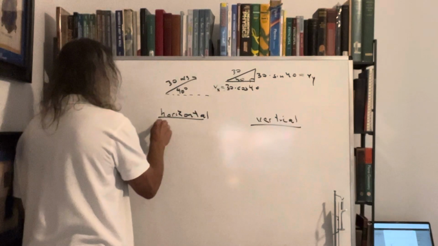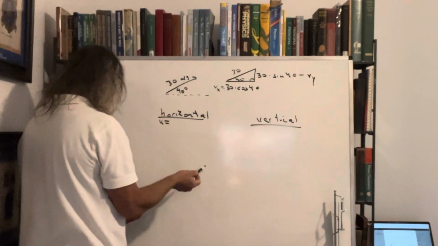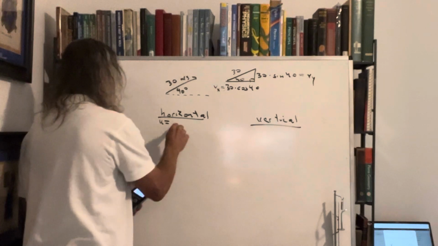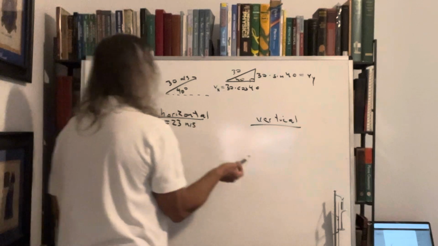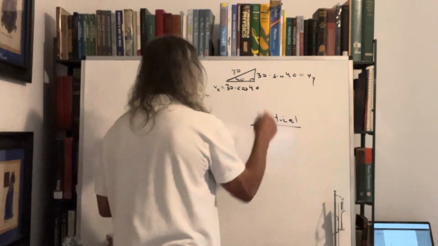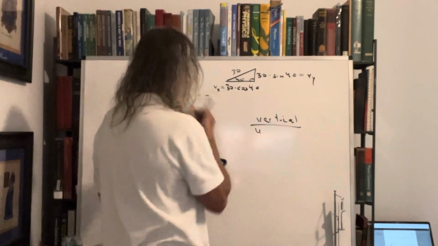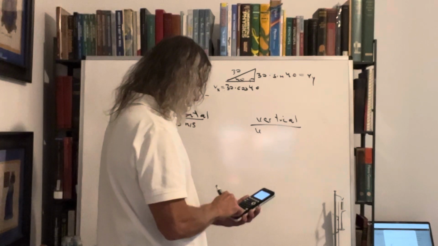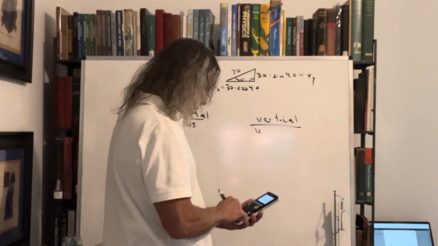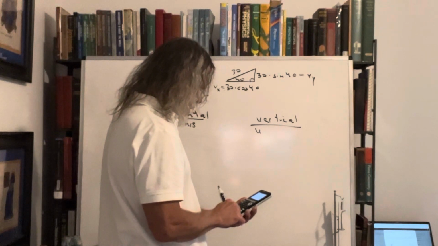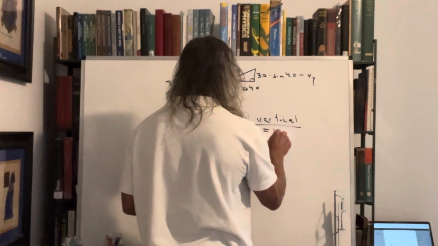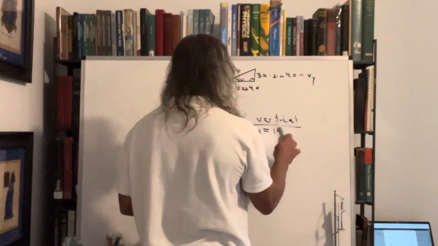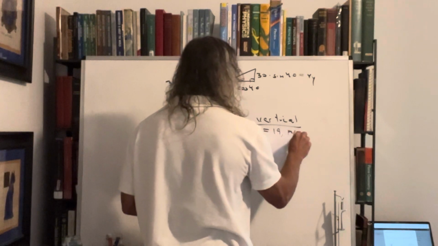So the u here would be rounded to 23 meters per second. The up and down u would be 30 sine 40, call it 19 meters per second.